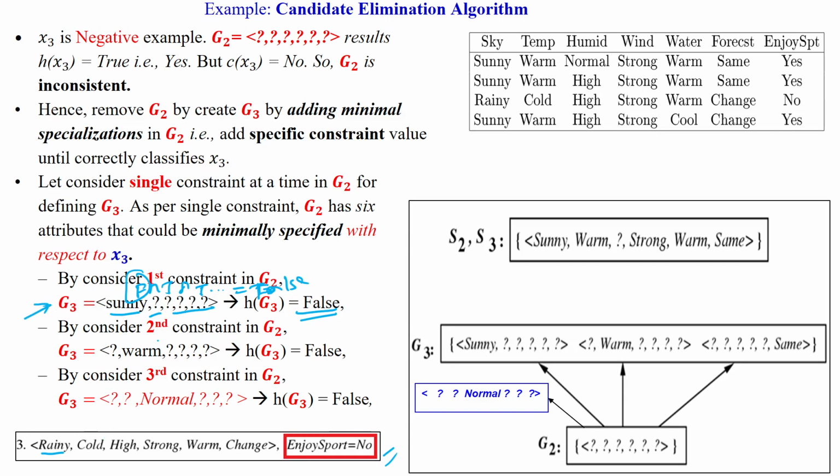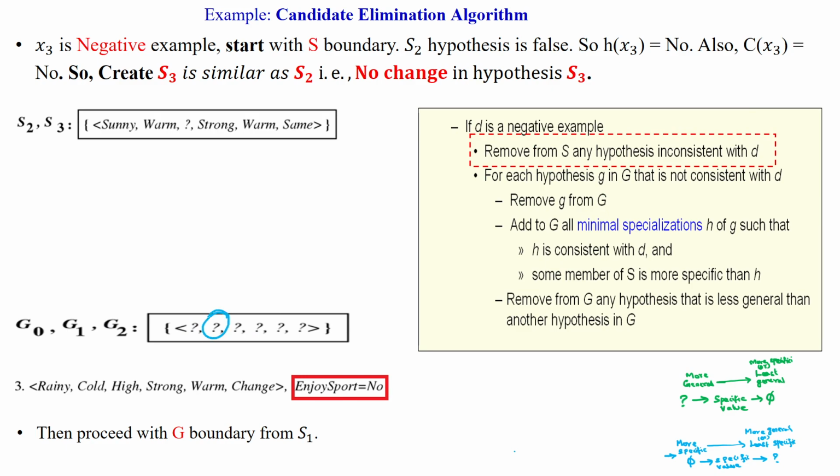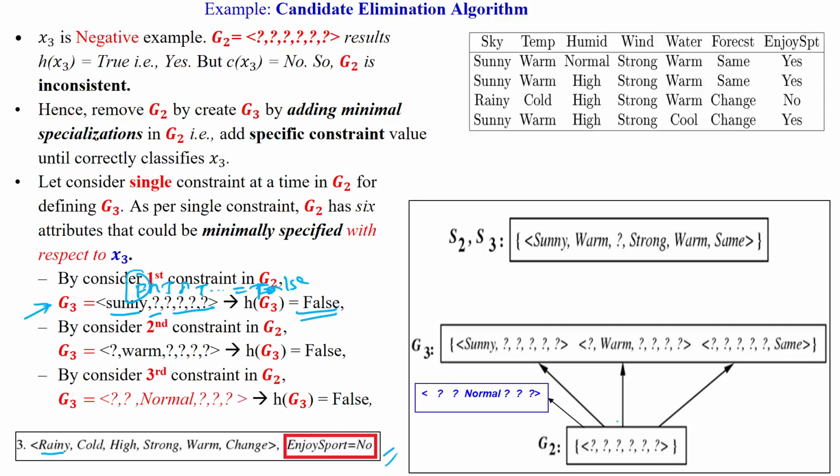Then we are going with the second value. Here we have all question symbols, but I want to replace the question symbol with a specific value. When you replace it by the x3 value, cold, and supply the cold here, you will get only true.